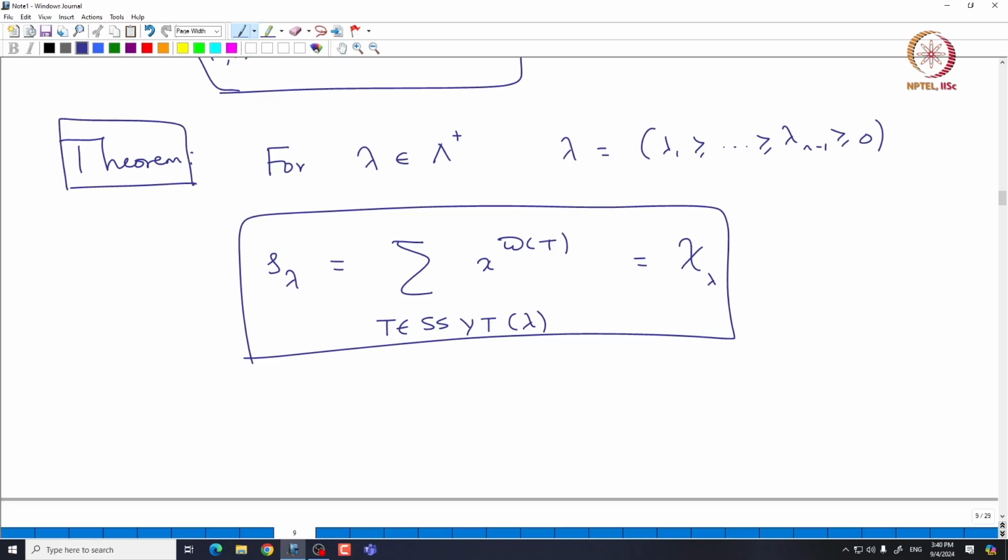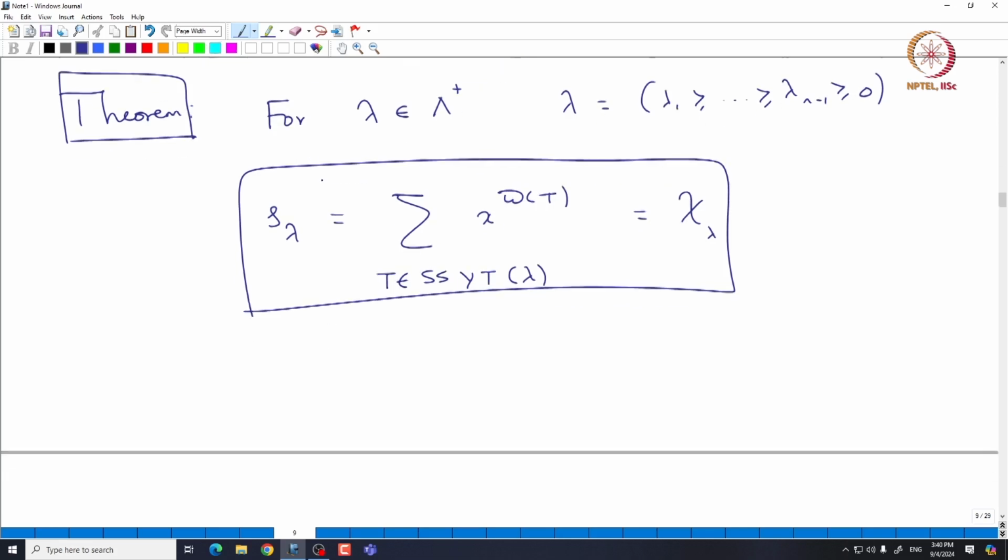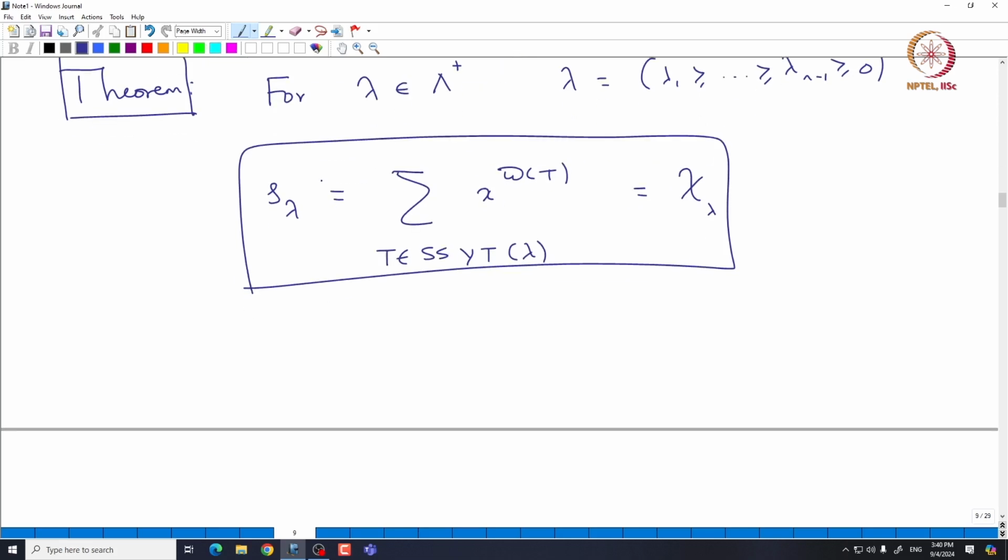Now using this one can talk about stability and so on very easily. For example, let me state one important corollary of this theorem. If you take the product of two different Schur polynomials, let us call them chi lambda and chi mu, then they are indeed characters of the representations, so the product is the character of the tensor product of the corresponding irreducible representations.